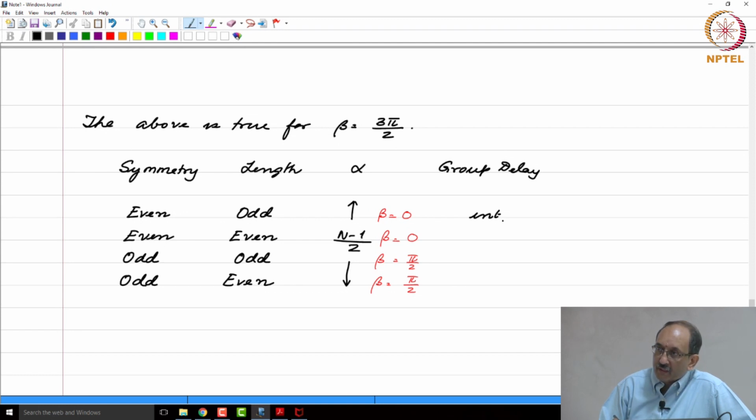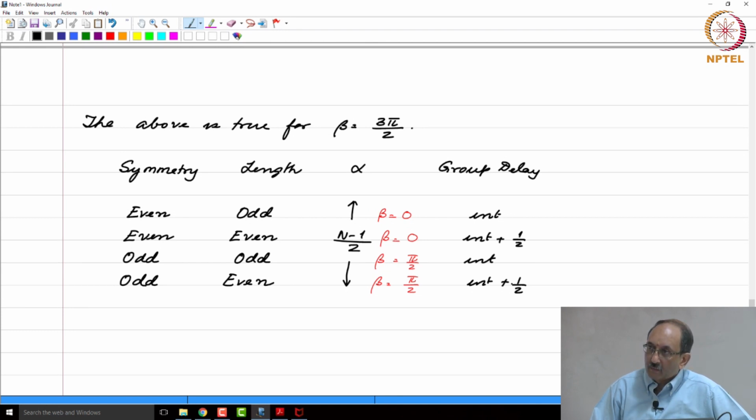On the other hand, if the length were even, n minus 1 by 2 is integer plus half. Same case for the odd symmetric filters as well. So, the important point to note here is, if you now have a signal and then pass it through a linear phase filter, if the length were odd, the output will suffer a group delay that is integer number of samples.